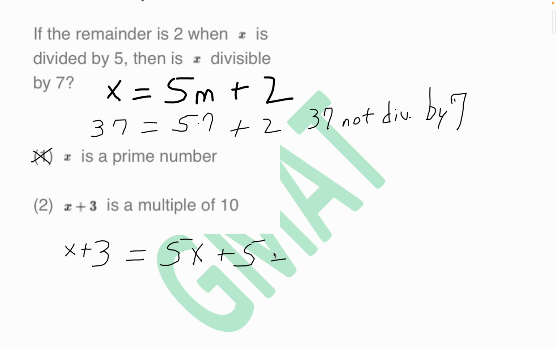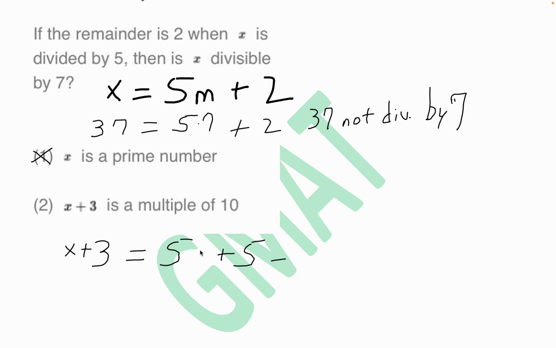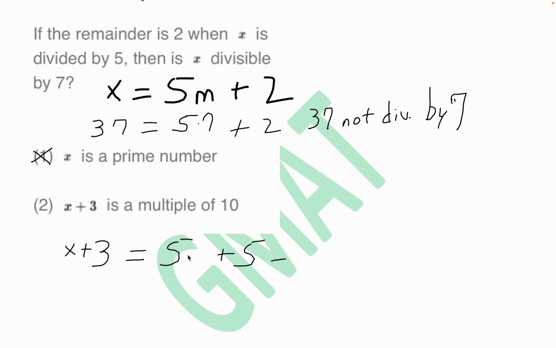If we take a 5 out of here, that should be an m there, I'm sorry. That should be an m. This would be equal to 5 times m plus 1.